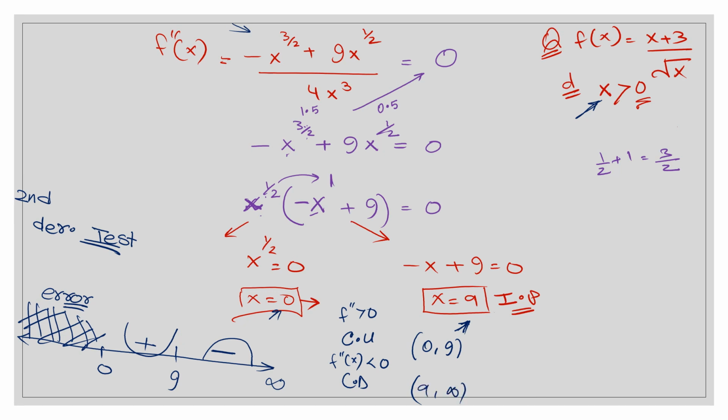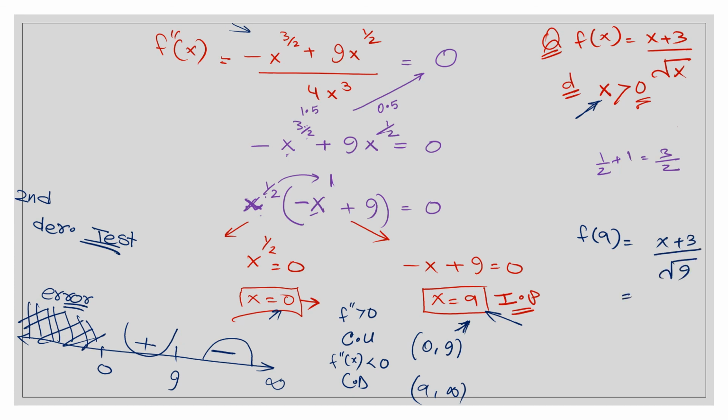Now for the inflection point, you have to find out the x value and the y value. So the x value is written here. In order to find the y value, you have to replace this 9 in the original function. The original function was (x + 3)/√x.